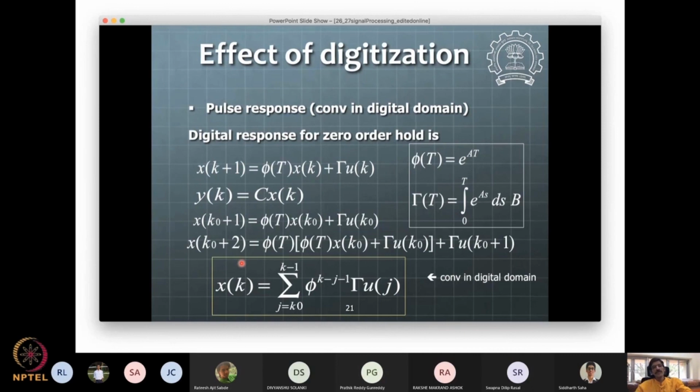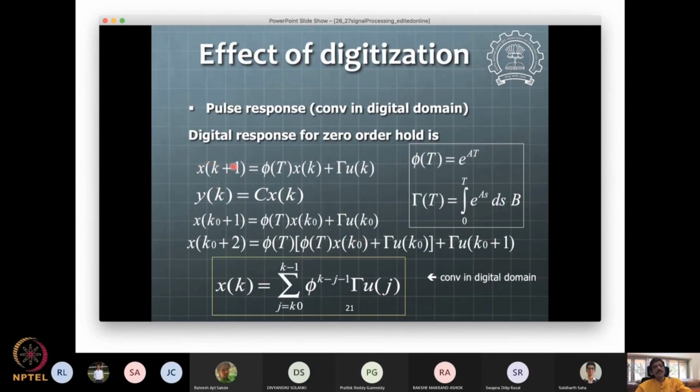So for this x of k plus 1, if we get into the Z transform domain representation, the Z transform of x of k plus 1 is z raised to 1 times x of z. We'll not get into that detail, but basically this is some kind of shift operator, shifting of the signal by one sample.